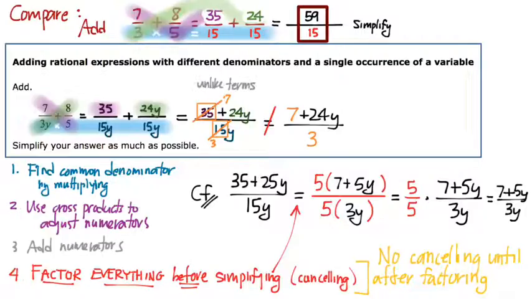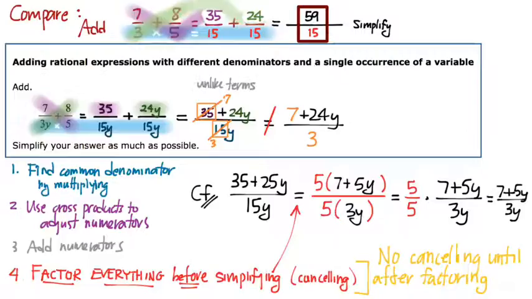So the way to avoid making that error is to resist the temptation to cancel until after everything in sight has been factored first. If it can't be factored, then you can't cancel anything. So after you've factored everything, then you can cancel those factors that are common. And if you do that enough, then you'll get to the lowest terms. It's a little harder to do when things are polynomial expressions compared to when they were numbers.